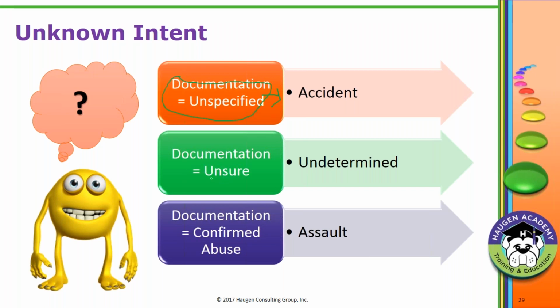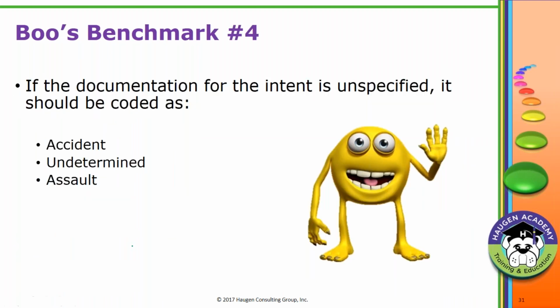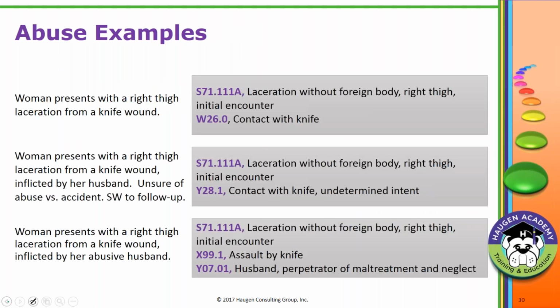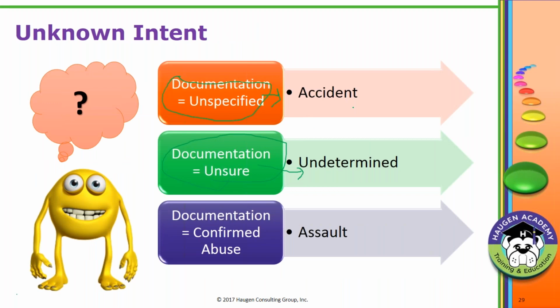If the documentation says it's unsure, then we're going to code it as undetermined. But our polling question said if it's unspecified, what should it be coded as? And so again, if we go back, unspecified, we're going to code it to accident. So hopefully that helps.